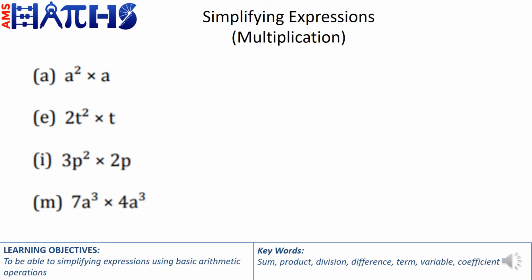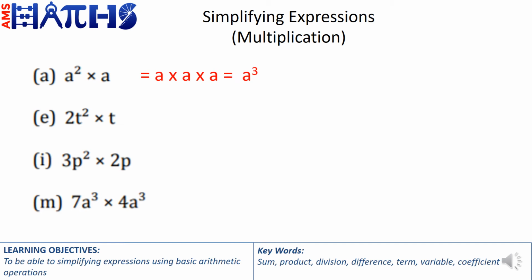On this slide, we are going to continue simplifying expressions by multiplication. So our first example is a squared times a. So now we're including powers. I will break down the powers to simpler terms to help us build an understanding of how it works.